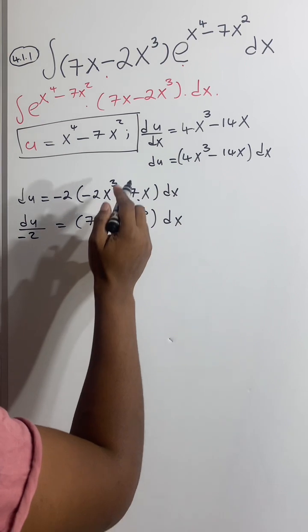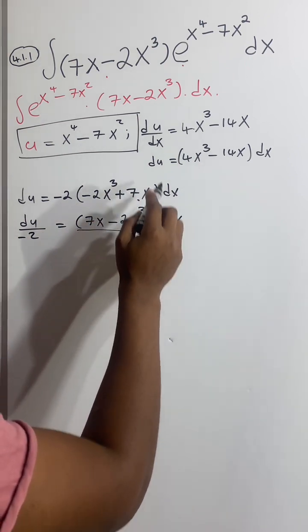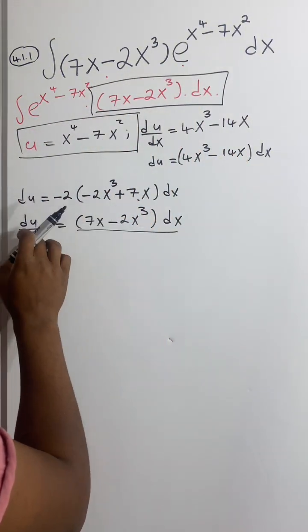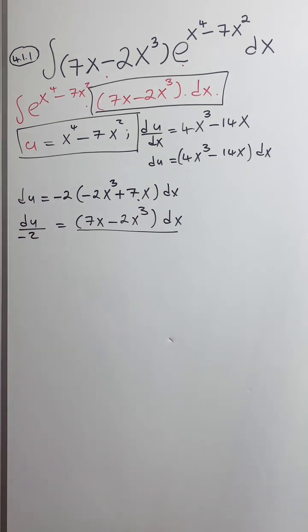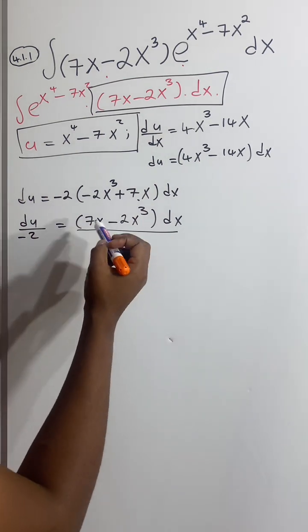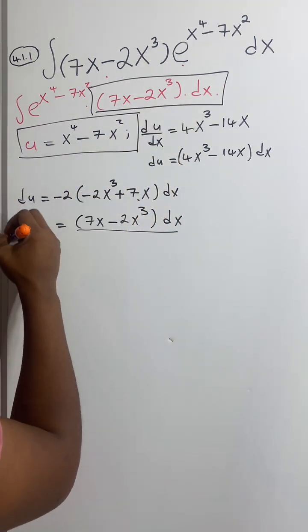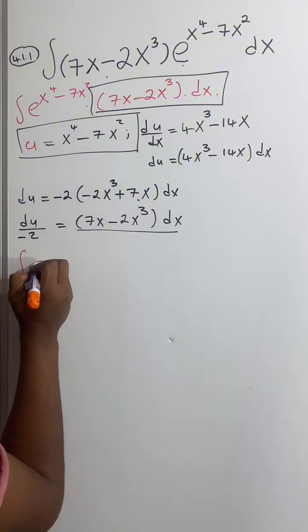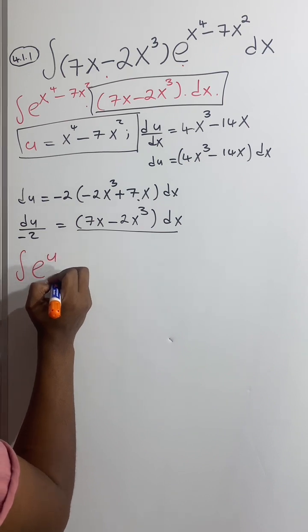dx. So now that we have minus 2x cubed multiplied by dx, we managed to mirror du over negative 2 with that. So in the place of 7x minus 2x cubed multiplied by dx, we'll substitute du divided by negative 2, and we already said that x to the power 4 minus 7x squared is equal to u.